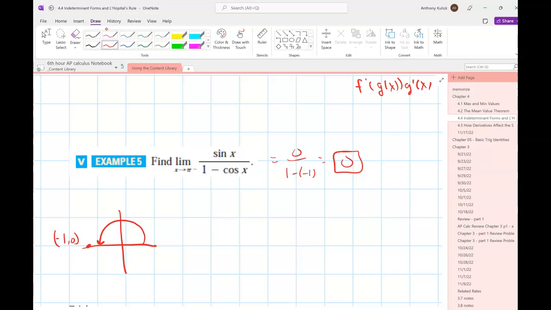Note that if you didn't check that at first and you tried to just L'Hopital this, you'd end up trying to say that's infinity.